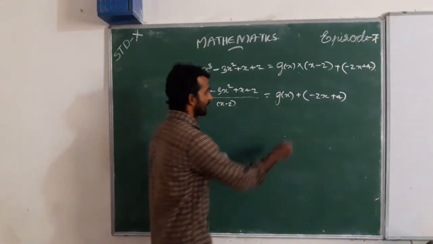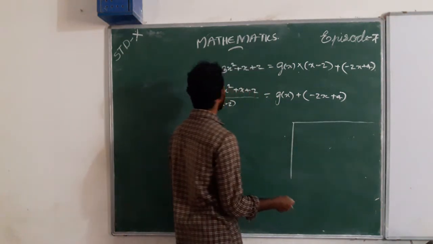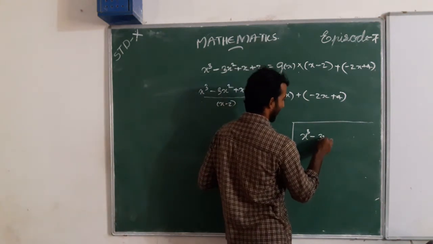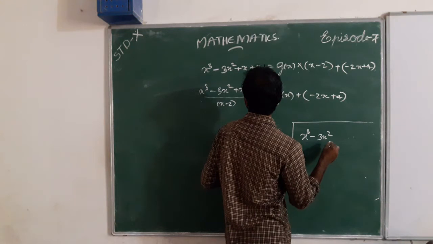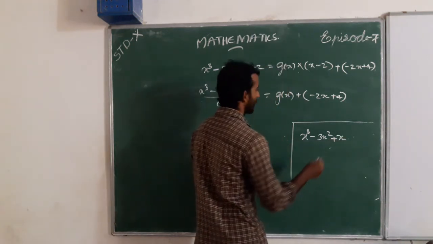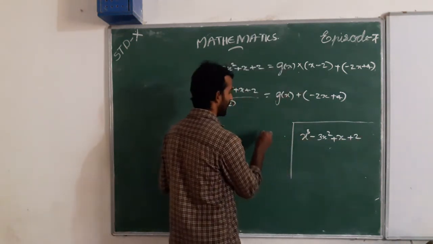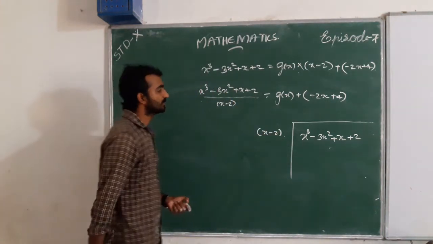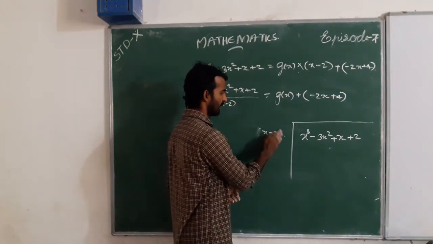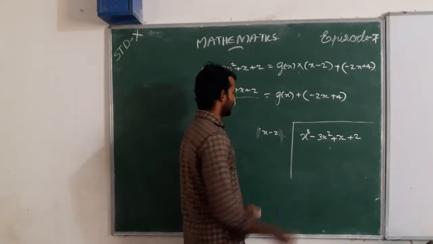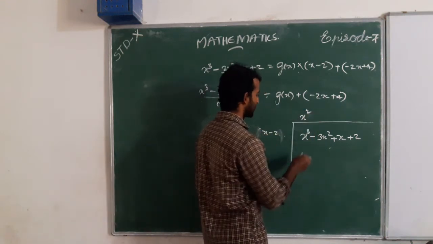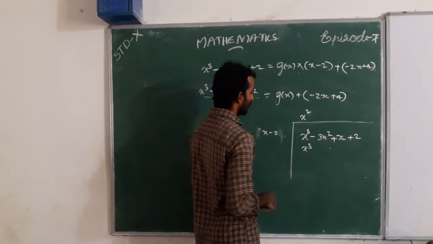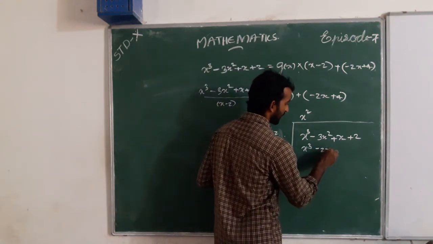That is, x cube minus 3x square plus x plus 2 divided by x minus 2. We want x cube, that is x square into x gives x cube, and x square into minus 2 is minus 2x square.